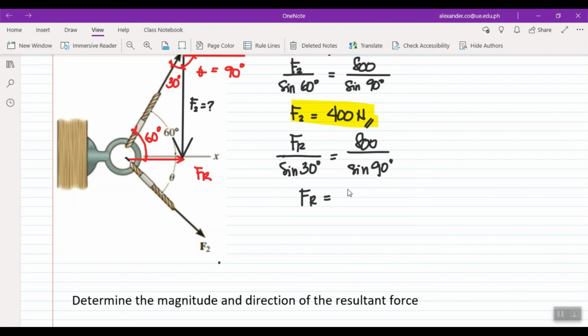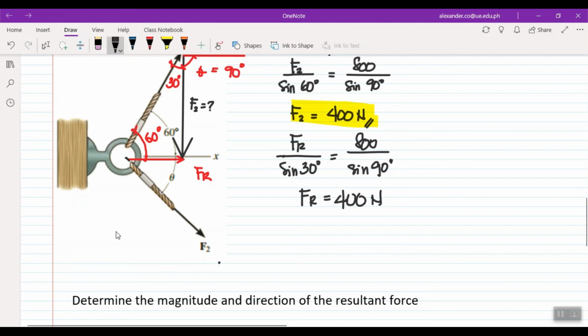Pag kinompute nyo yan, ito pala yung 400 Newton. And this one is anong sagot? Computein natin. Okay, buti na lang, chinek natin, no? Ang sagot dyan ay 693 Newton. Correction po.